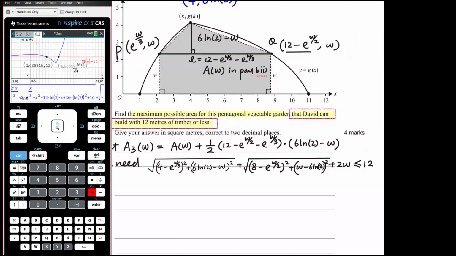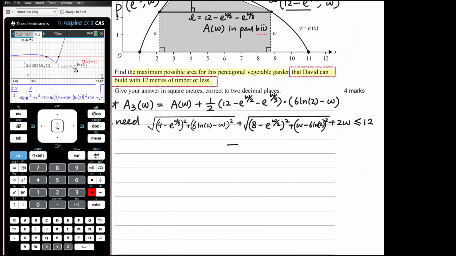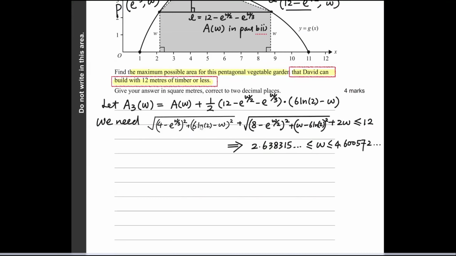In this case, I'm going to say this implies 2.638315 less than or equal to W less than or equal to 4.600572 dot dot dot, and then use F max for A3W.